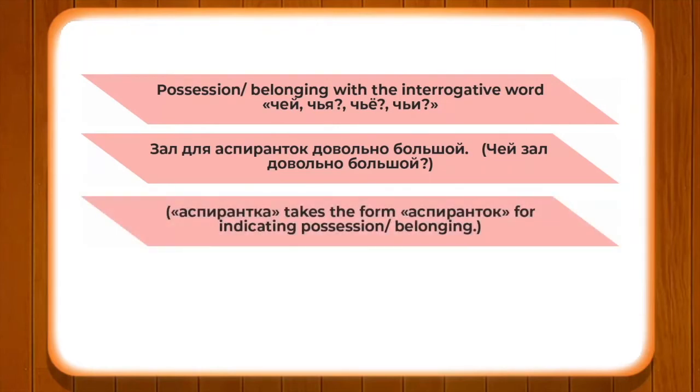Аспирантка, which is a feminine gender word, takes the form аспиранток for indicating possession, belonging. For example, if you have студентка, so студентки, студенток. So according to that grammar pattern, we can also put it here and change. Now let's pay attention to a few more examples.